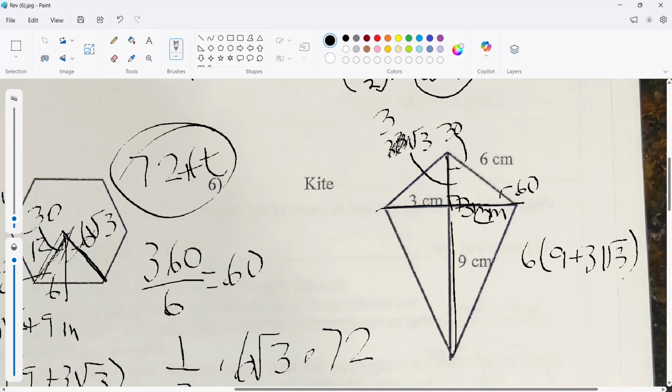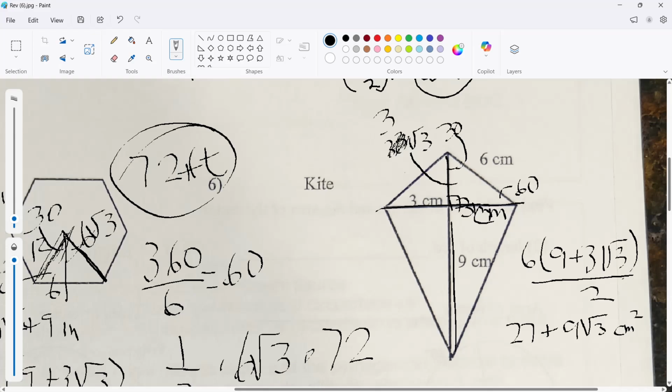Okay, and 6 times 9 is 54 plus 18 square root of 3, and that's going to be divided by 2. Well, I guess I could have simplified this. I forgot to put the divided by 2 in the beginning. Divide it by 2. This is 3 times 9 is 27, plus 3 times 3 is 9 square root of 3. And that's going to be square centimeters.